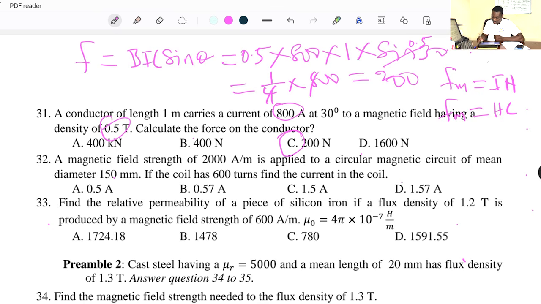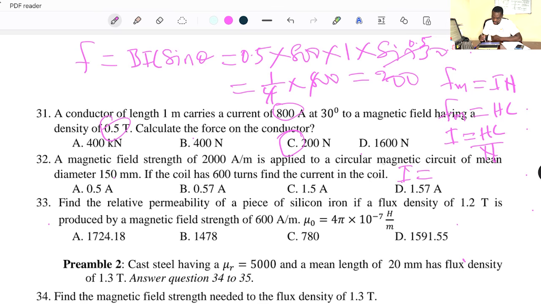So we combine this and make current the subject, that will be equal to HL, the magnetic field strength and the length, over the number of turns. We have this formula, we just do replacement.